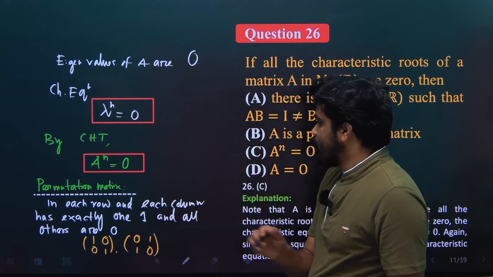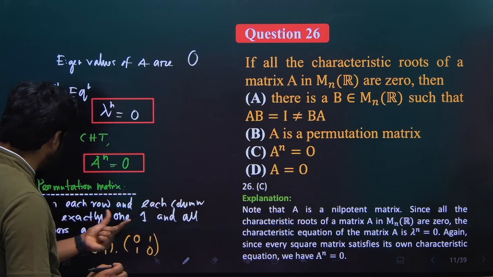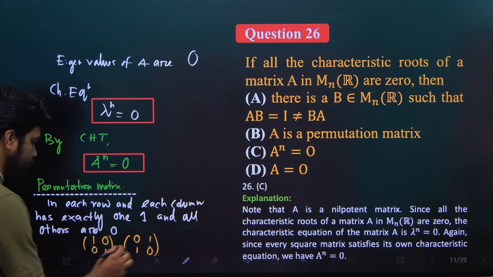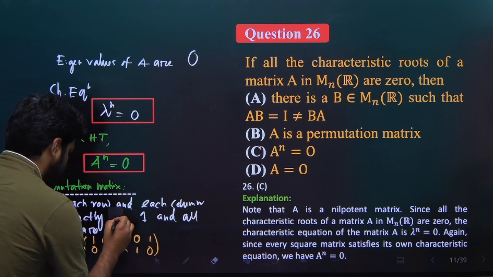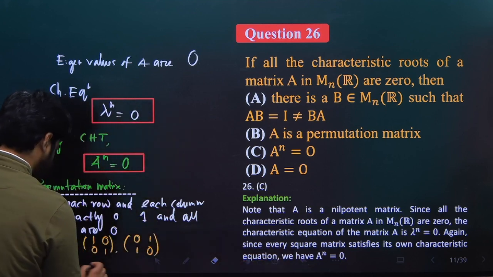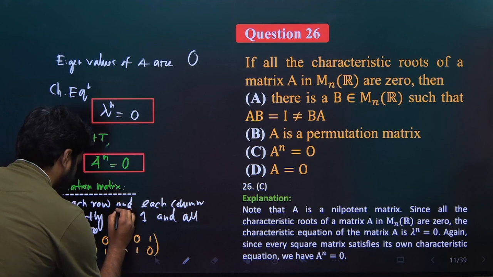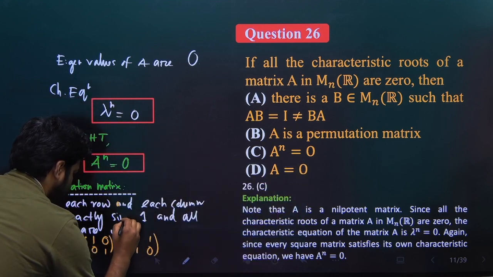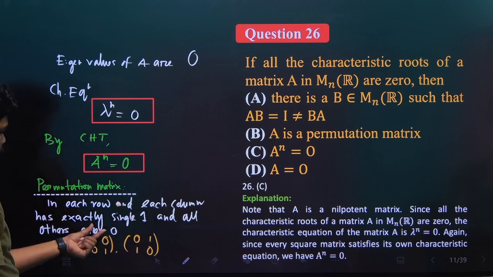Okay. A permutation matrix means each row and each column has exactly one single 1, and all other elements are 0.